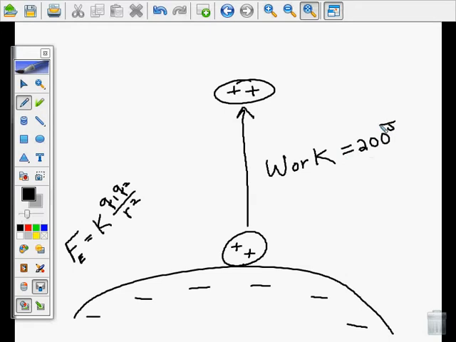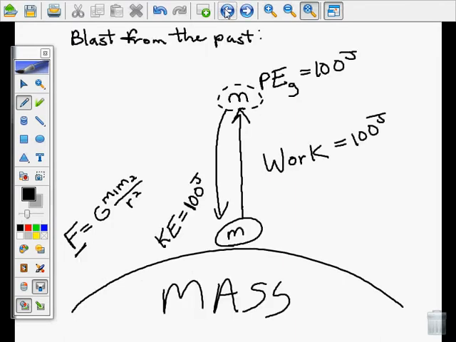Well, guess what the charge up here has now that you've done work and you raised it up farther away from the negative charge? What do you think, Bradley? What is it going to have up here that it didn't have down there? 200 joules. What kind of energy? Well, what kind of energy did it have the last time up there? Gravitational potential energy, yes.